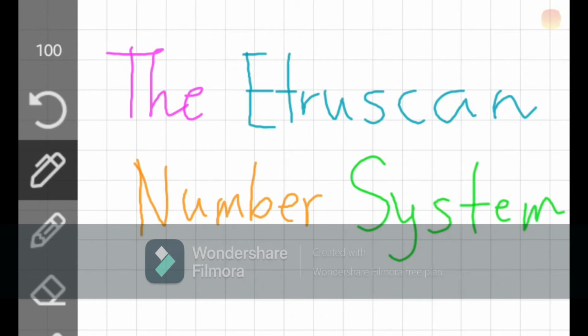Notice also that both Etruscans and the Romans had 7 unique symbols, which represent the numbers 1, 5, 10, 50, 100, 500, and 1000. Now, lend your ears and widen your eyes as we continue the voyage of the Etruscan number system.